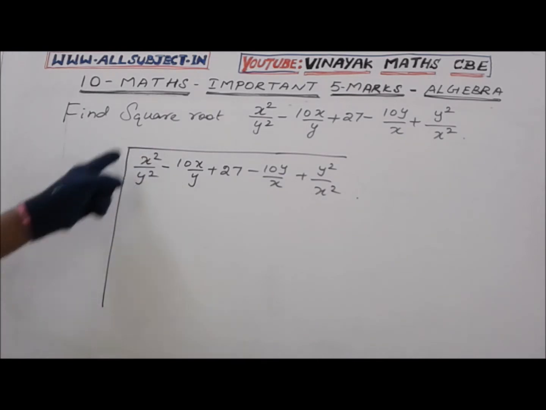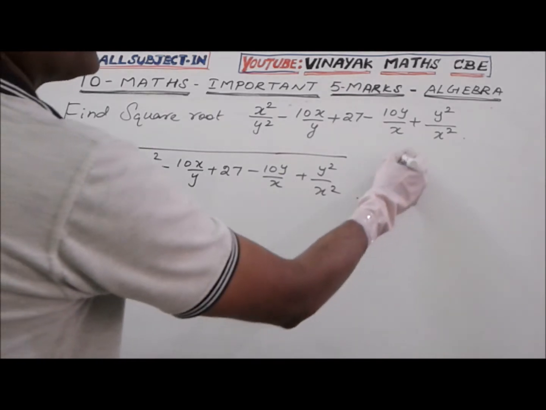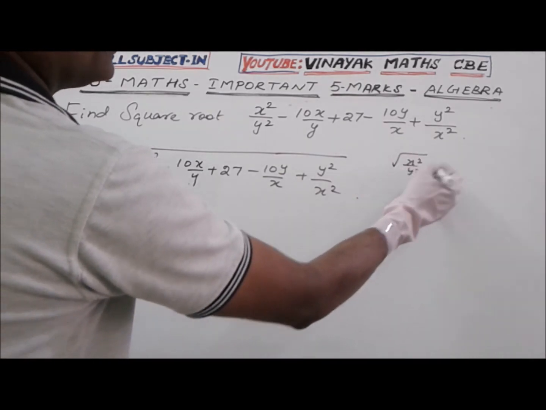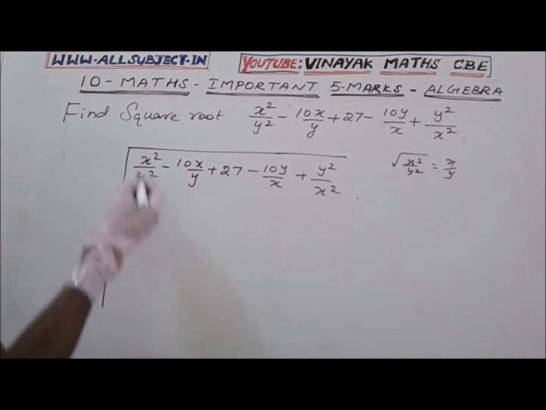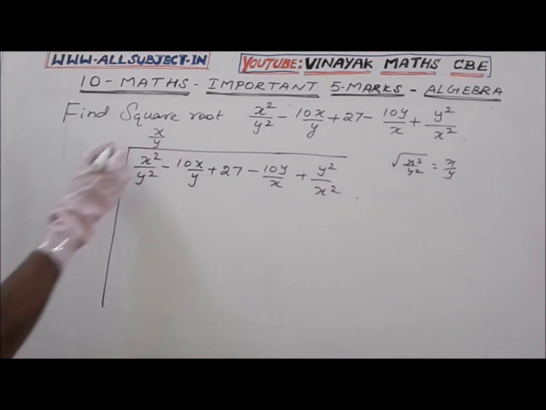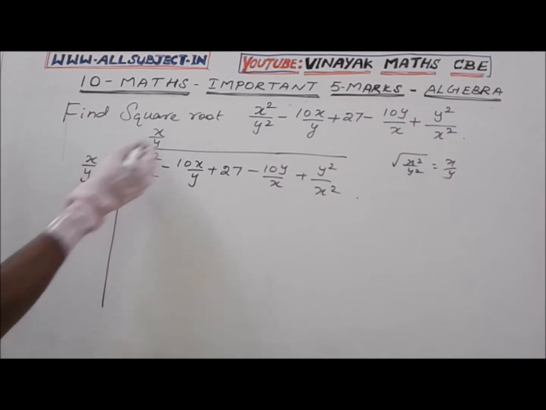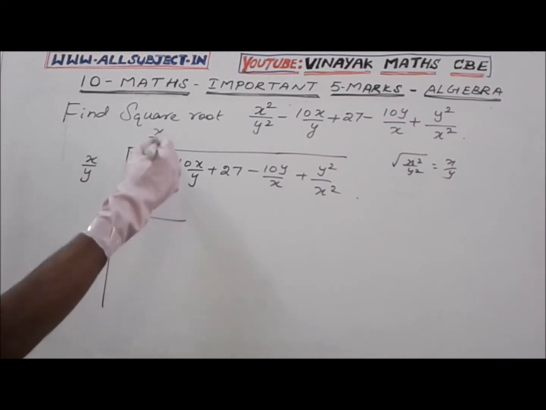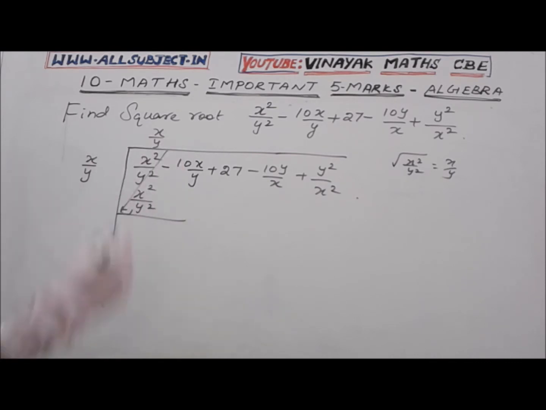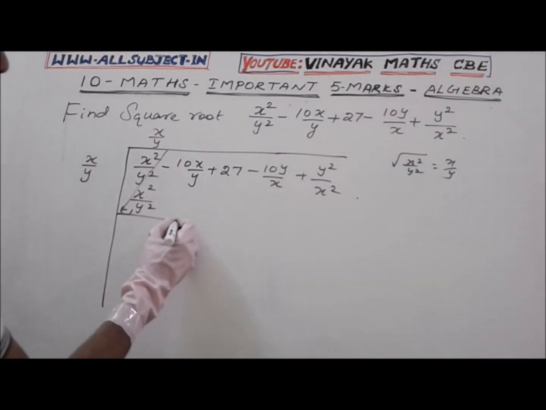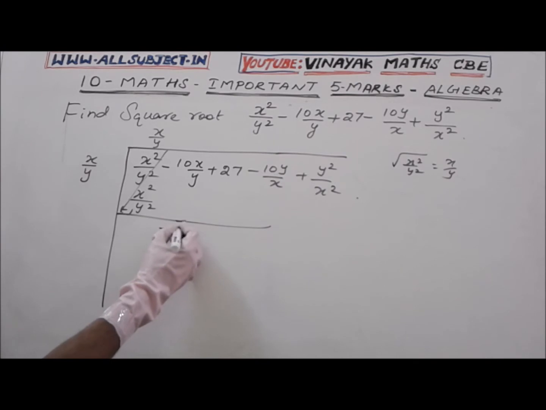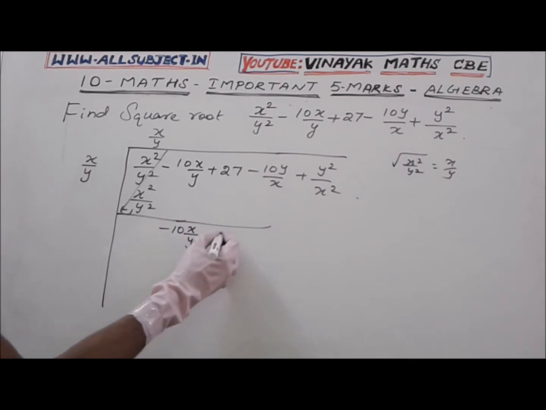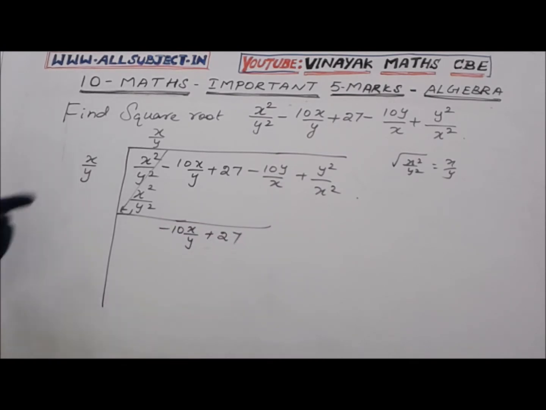Here taking the square root of the first term, root of x square by y square equals x by y. So write x by y here and here. Multiplying these two we get x square by y square, and subtracting, it is eliminated. The remaining two terms are minus 10x by y plus 27. Multiplying this term by 2 we get 2x by y.